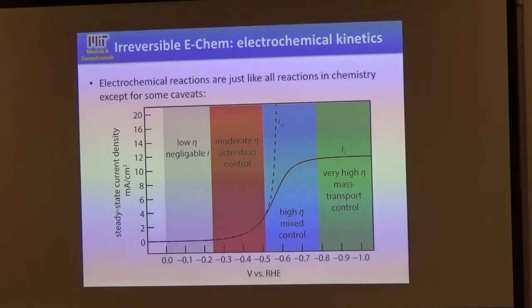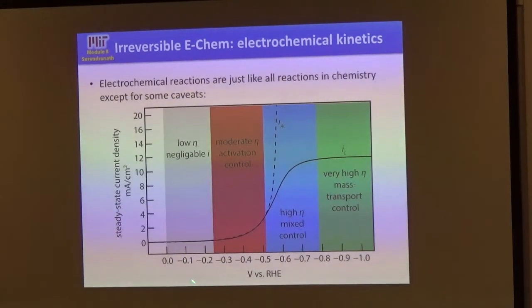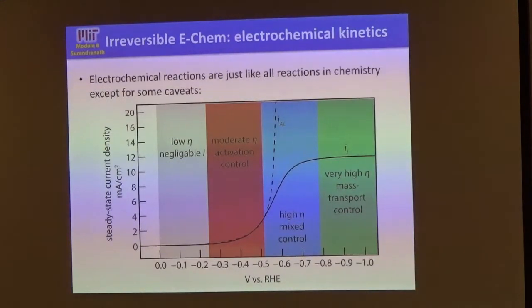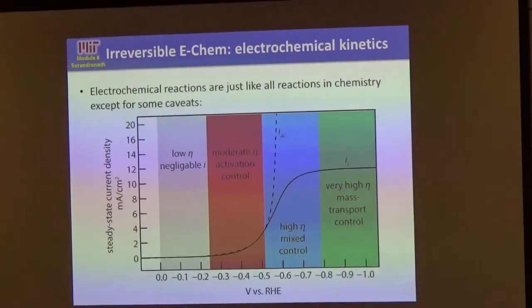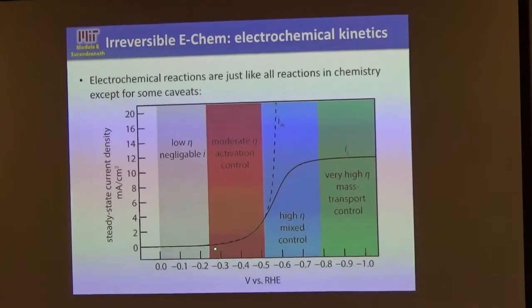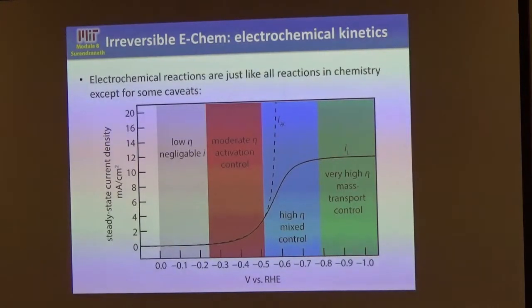What are the regions in these curves? So first, if I apply very little overpotential, I have very little driving force for the reaction, and therefore I don't get any current. That's why the current line is very low here. If I apply more overpotential, I'm going to be able to drive the reaction faster, and as a result I should increase the amount of current that I see in my electrode.